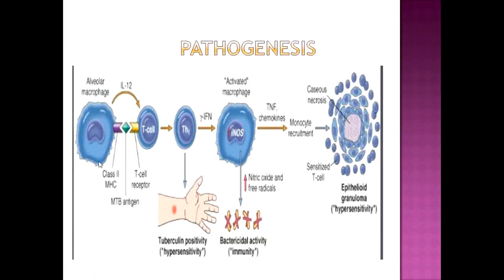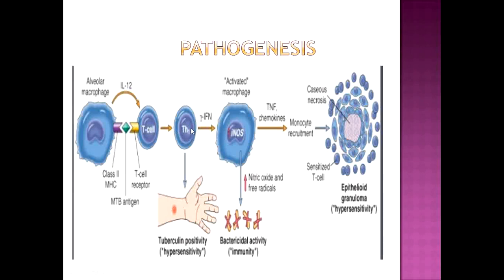The first interaction of Mycobacterium tuberculosis is with the resident macrophage, the alveolar macrophage. The alveolar macrophage then presents antigen to the T cell and also secretes interleukin 12 to activate the T cell.